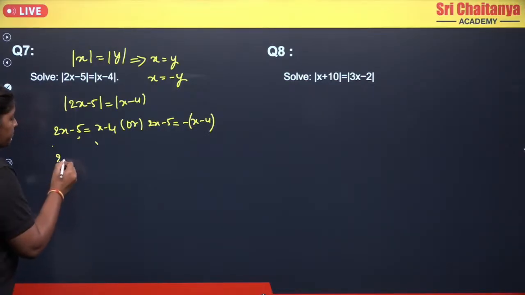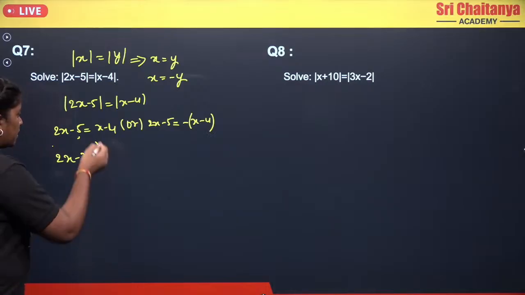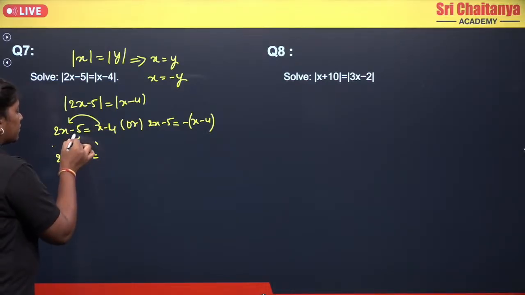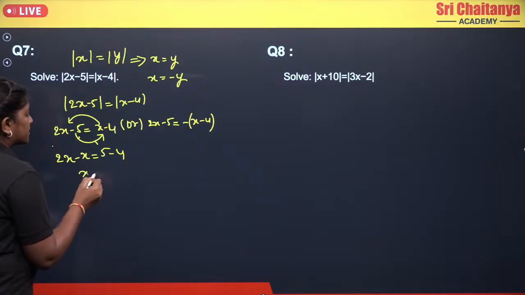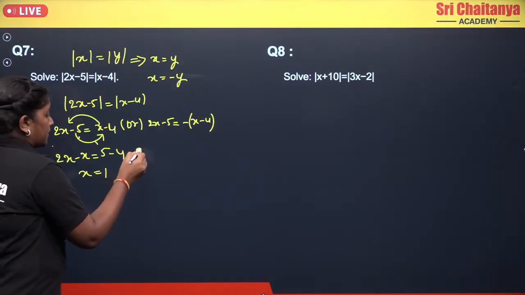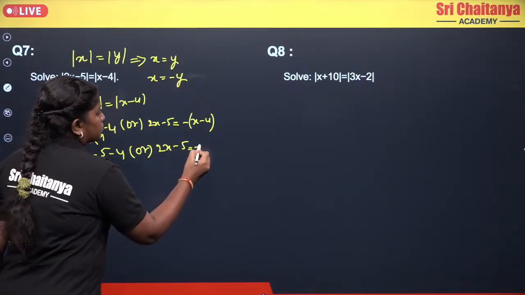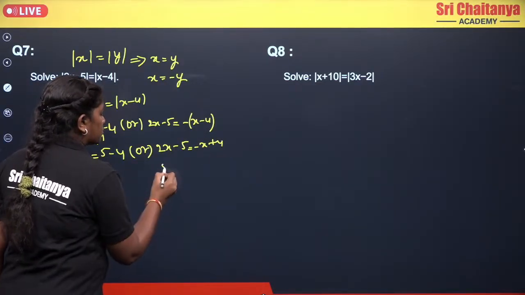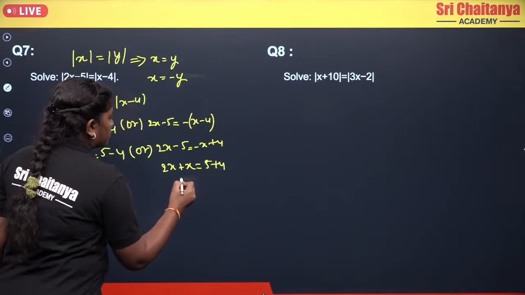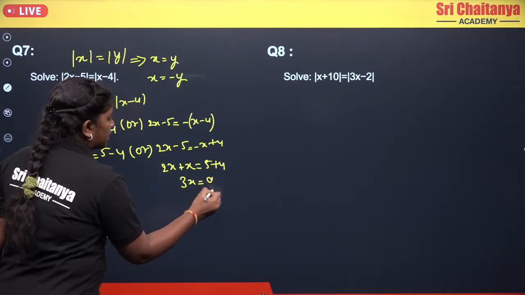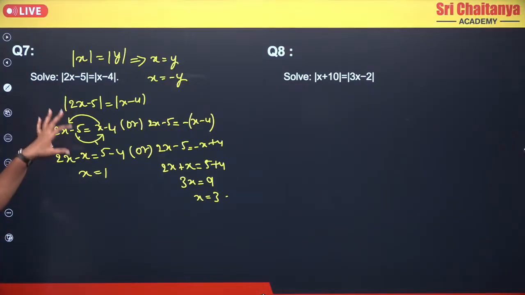In the first case, 2x minus x equals 5 minus 4, so x equals 1. In the second case, 2x minus 5 equals minus x plus 4, so 2x plus x equals 5 plus 4. That becomes 3x equals 9, and from there x is 3. Okay, so these are the possible values.